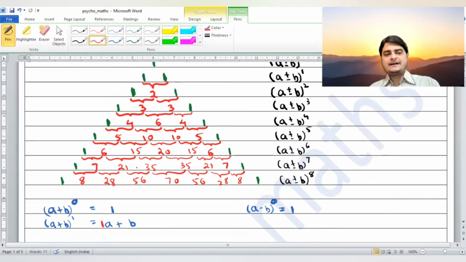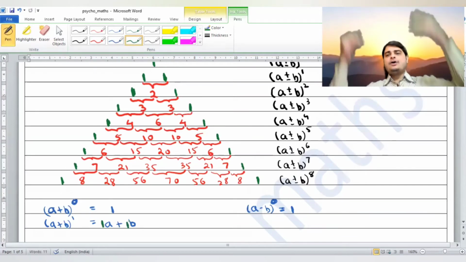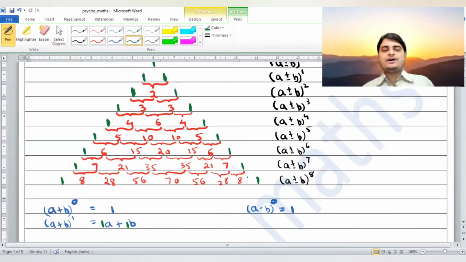And since the whole is raised to 1, the maximum power of a and b is 1. Similarly over here, when it comes to (a minus b) the whole raised to 1, this will be a minus b. Now check the coefficients. Here both are 1 and 1. Let us go ahead.